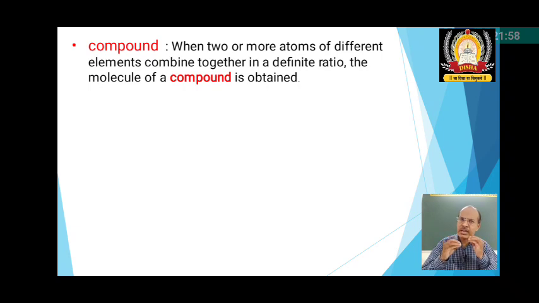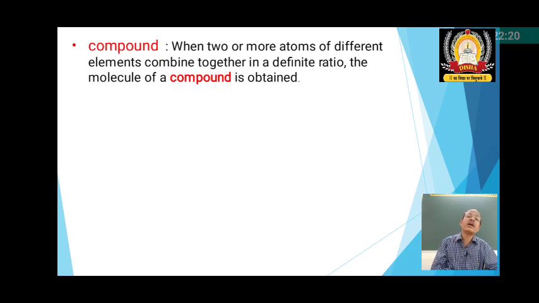Then what is actually a compound? It is a product formed when two or more atoms of different elements combine together in a fixed ratio. That is very, very important, definite ratio.